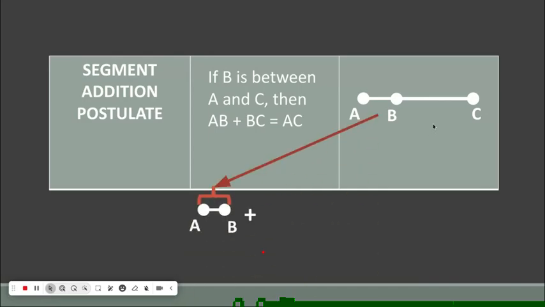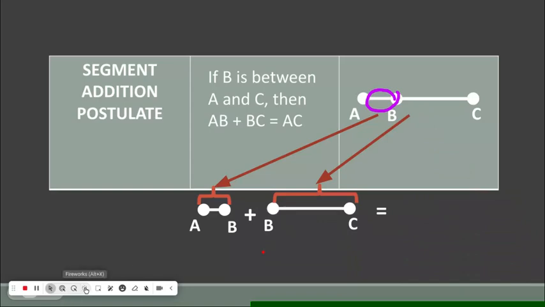So here's our AB, from A to B. If I add up the other segment, BC, I will end up getting a total of A to C. So from B to C and A to B, you get AC.